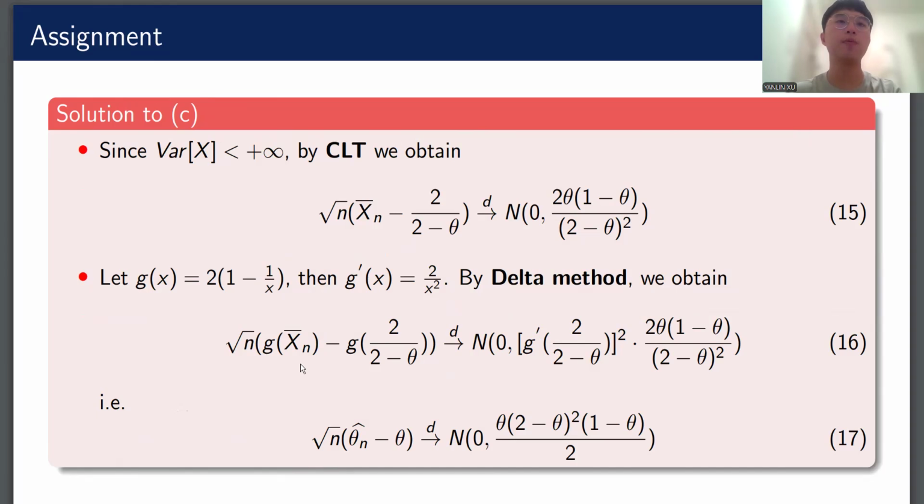The delta method tells us that g of sample mean converges in distribution to a normal distribution. And we can simplify this result into this form.